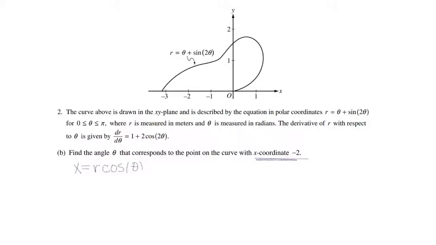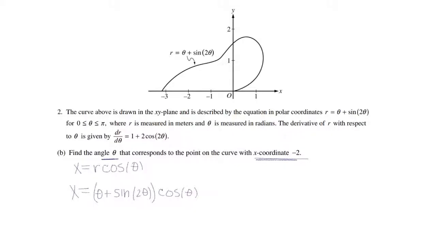So x equals, in place of r, theta plus sine 2 theta, times cosine theta.